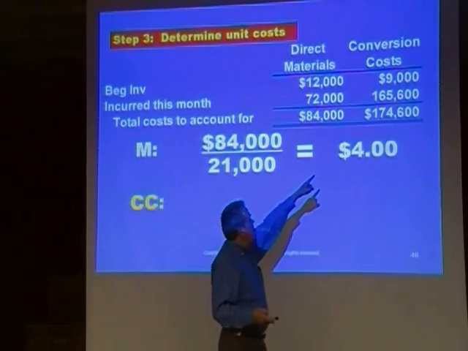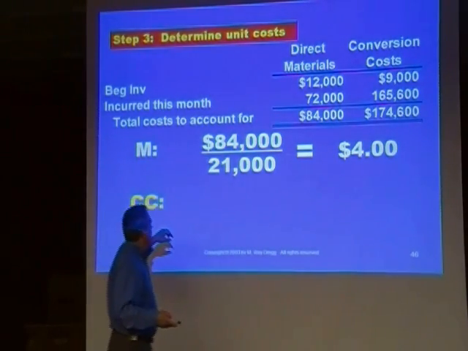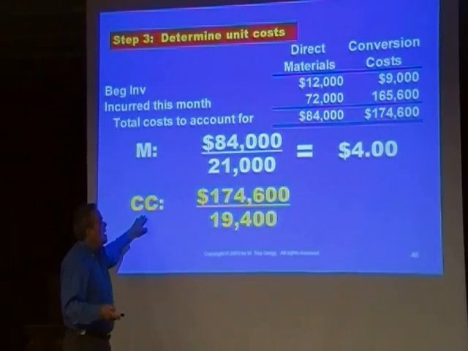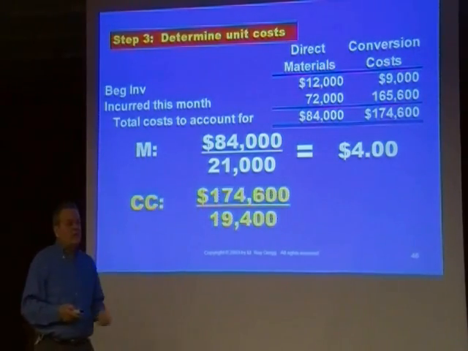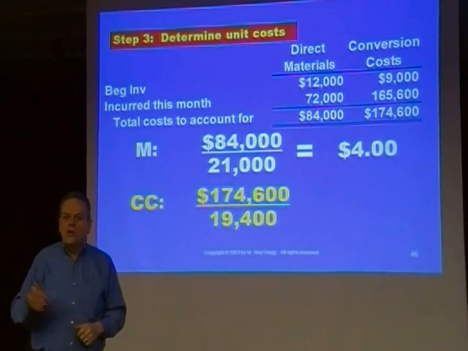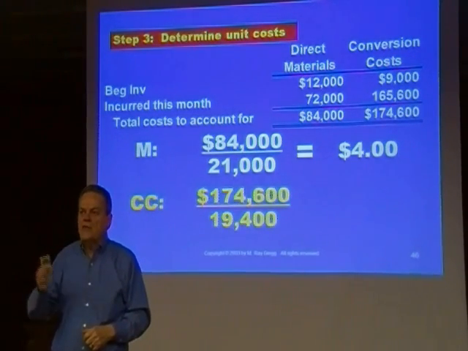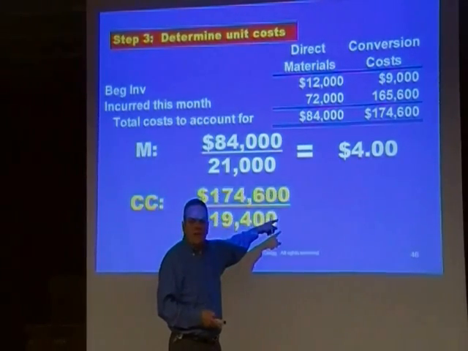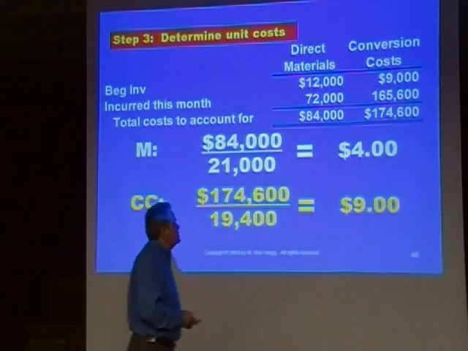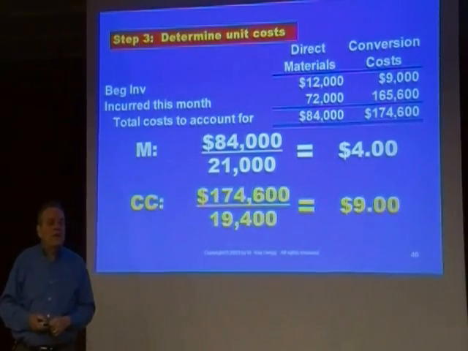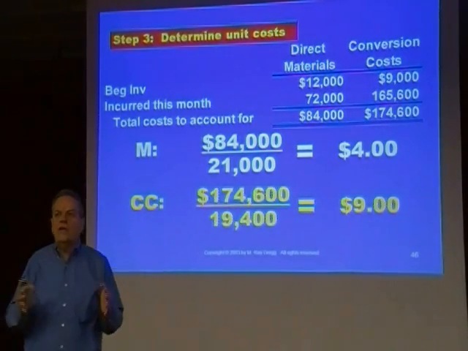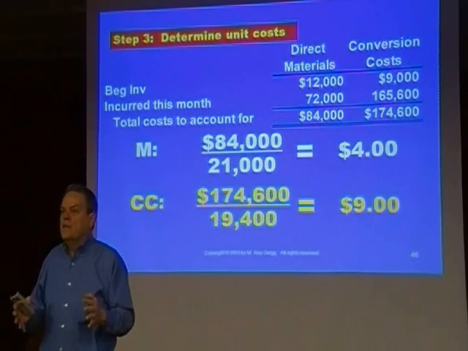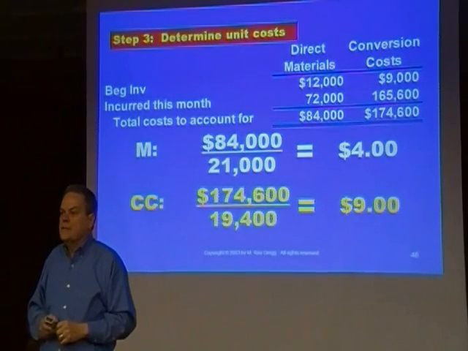Let's divide 174,600, the conversion cost, by the conversion units in the previous step. That makes sense to me. Conversion cost divided by conversion units is conversion cost per unit. Brian, do you have me that number? $9. $9? Yes. $9 per unit I spent on labor and overhead on each unit on which I worked this month. If you're with me right this minute, please say yes. Yes.